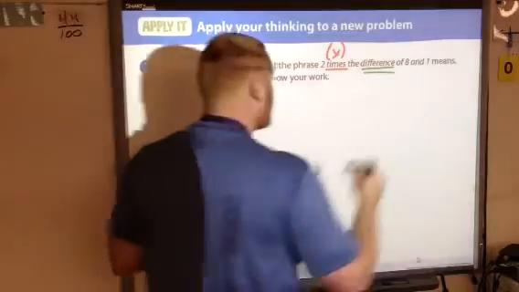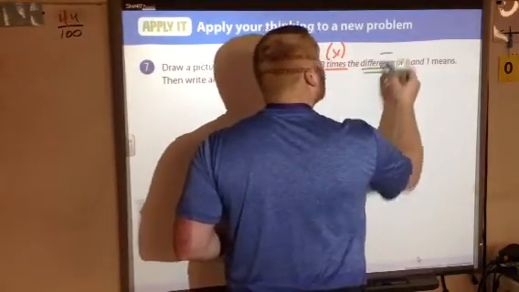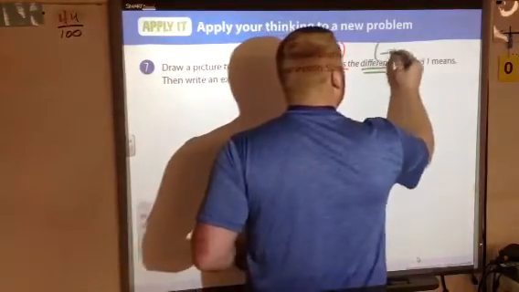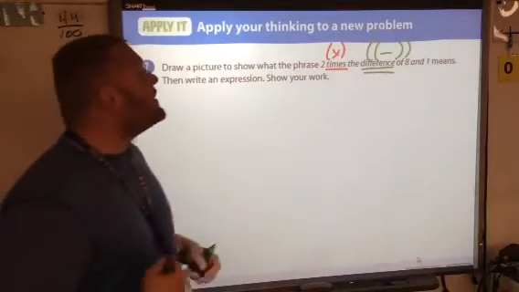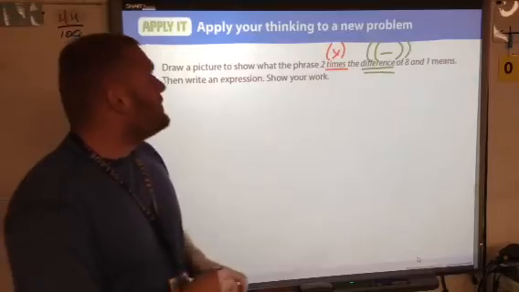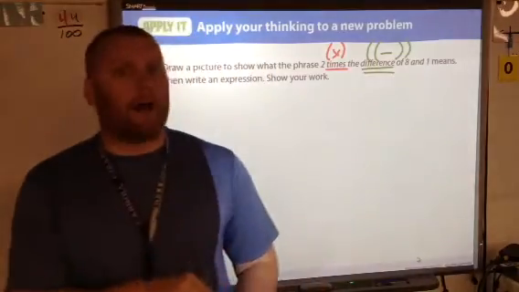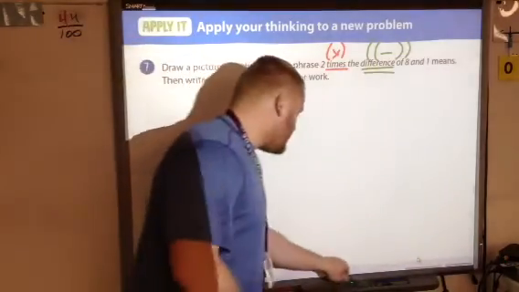Parentheses, okay? I know it is subtraction, but it's in parentheses. It's wanting me to indicate that I need to find the difference of 8 and 1 before I can multiply it. So let's just rewrite this as an equation.